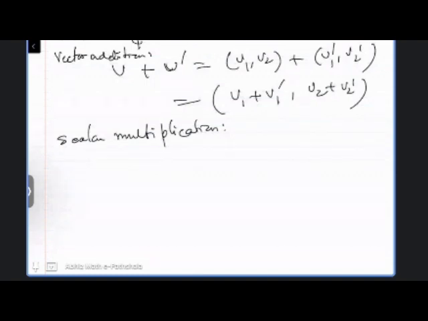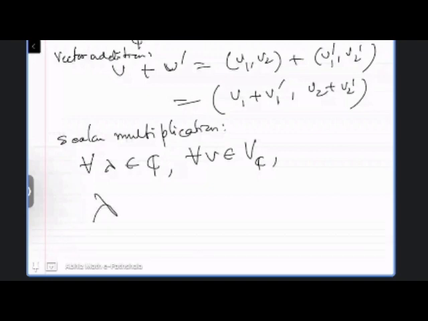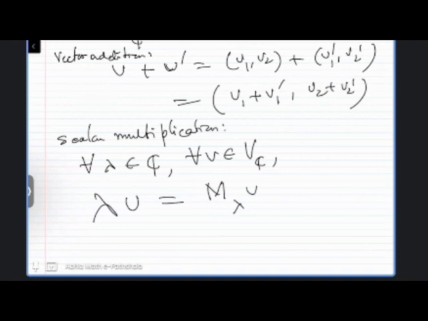So for all lambda belongs to C and for all V belongs to V_C, here lambda times V is defined to be the matrix, okay, let me call it m lambda V.